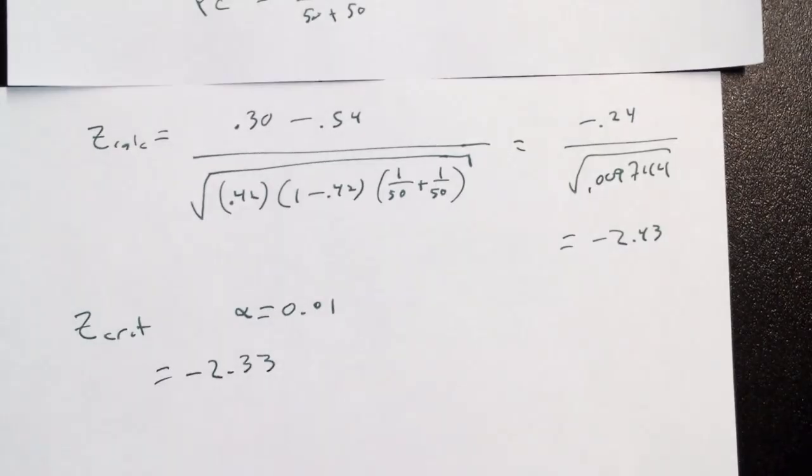What does that mean? We accept our null, or do we reject it?